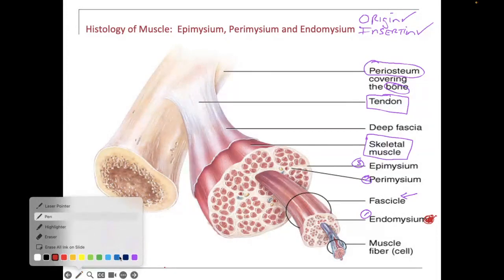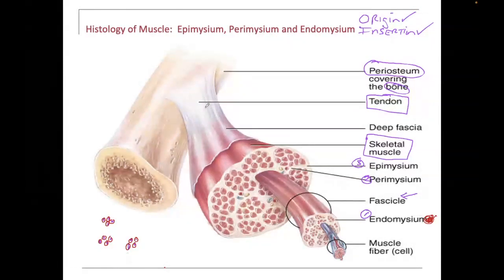Then we're going to have another layer around that, clustering those. We'll have another layer clustering those, and another layer clustering around those. We're going to call that the perimysium. And another name for the perimysium, they're going to make these groups or clusters called fascicles.